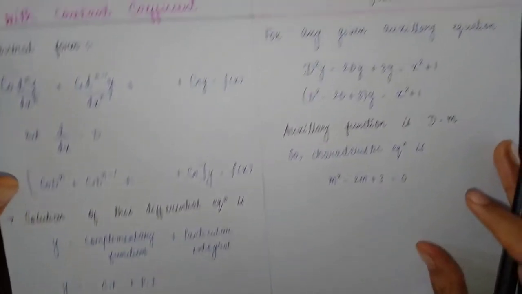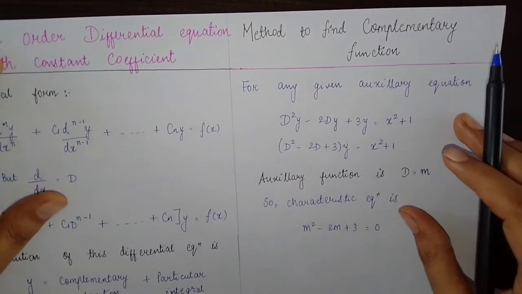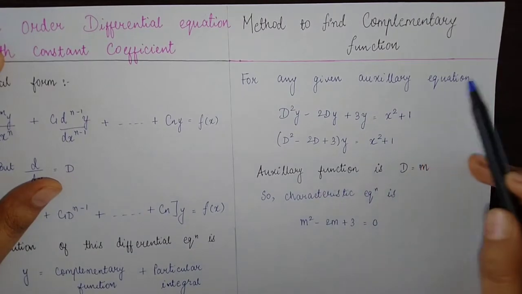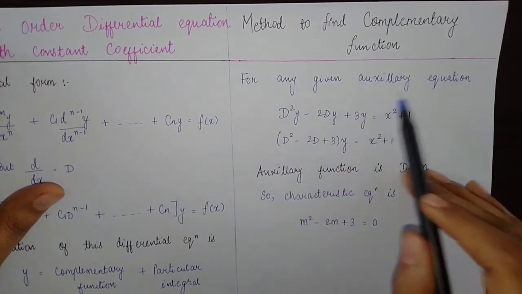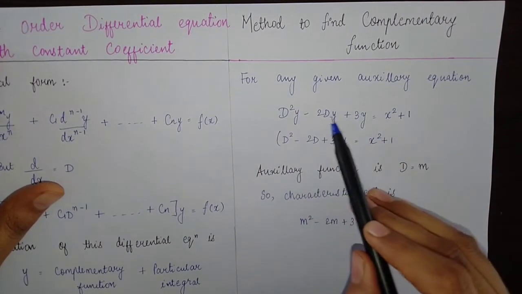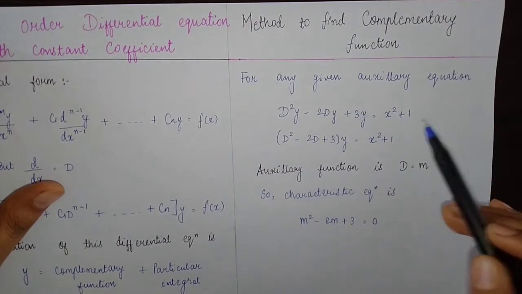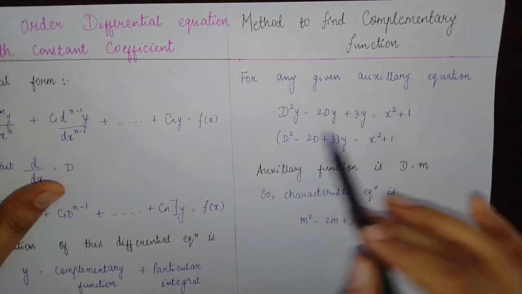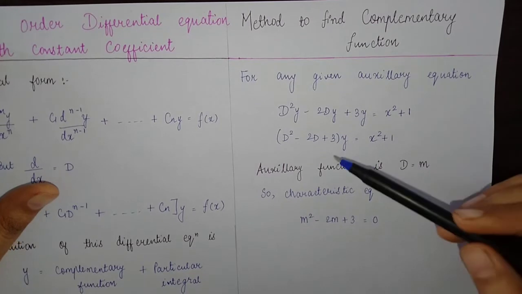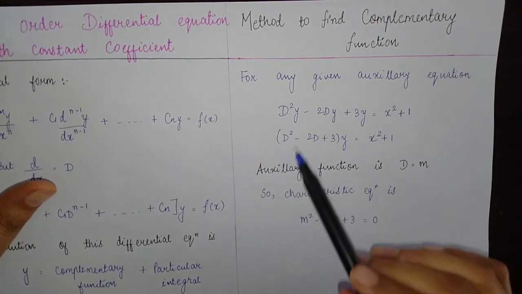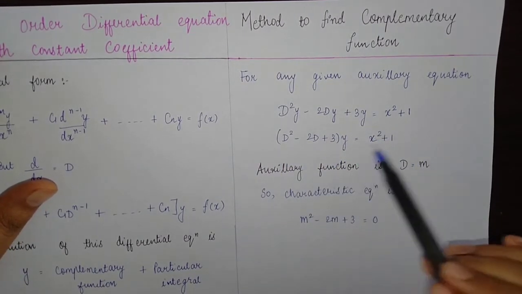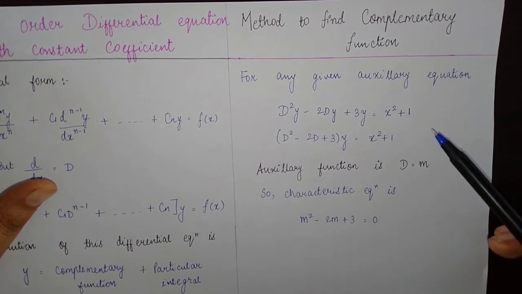So, the method of finding the complementary function. For any given equation, for example d square y minus 2dy plus 3y equal to x square plus 1, you can take y common, so you will get D square minus 2D plus 3 equal to x square plus 1.